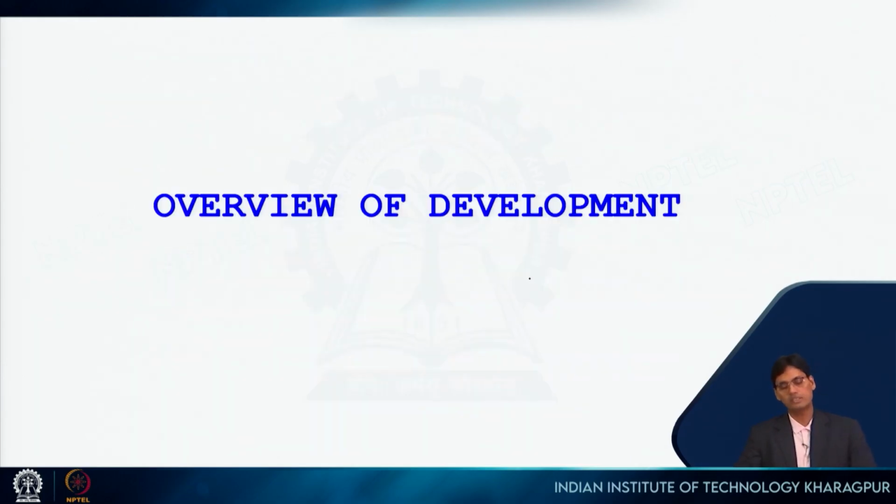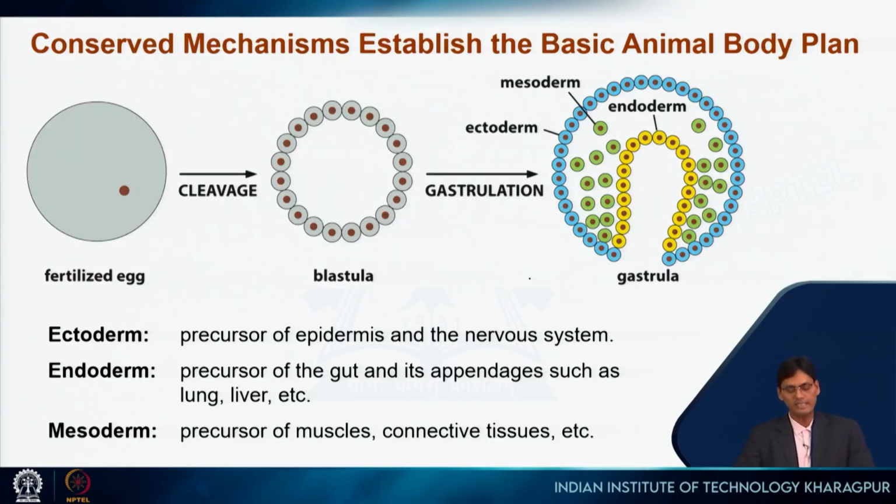Now, I will start with the overview of development. Here, conserved mechanisms that establish the basic body plan. Particularly, whatever I am trying to explain here is related to the development of animals. As you can see, this is the fertilized egg, or we can say zygote.